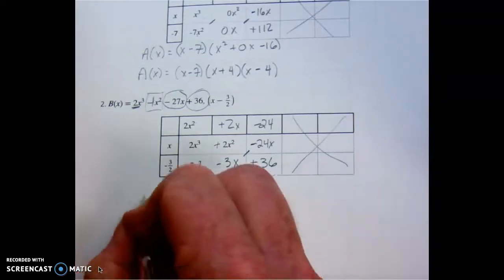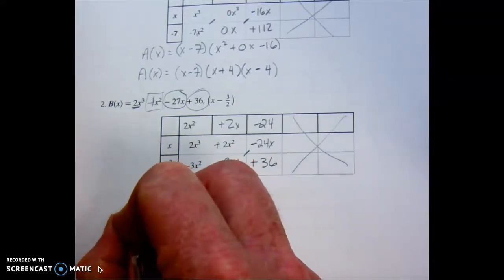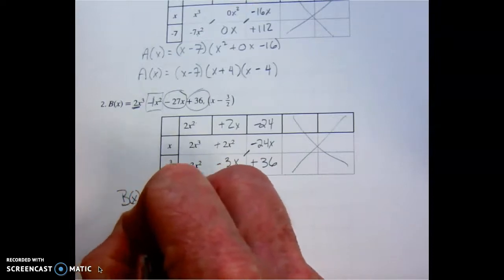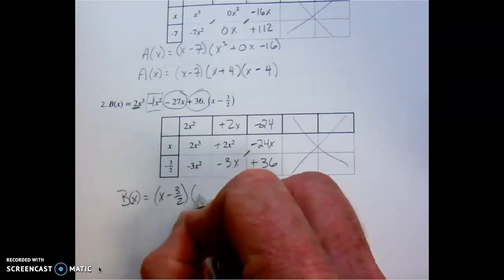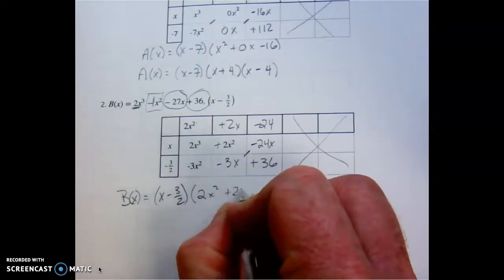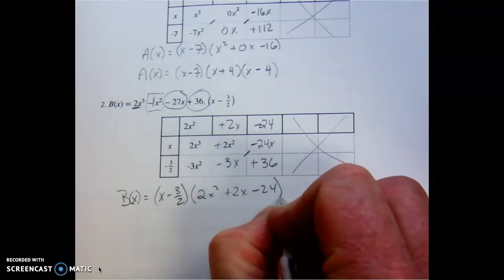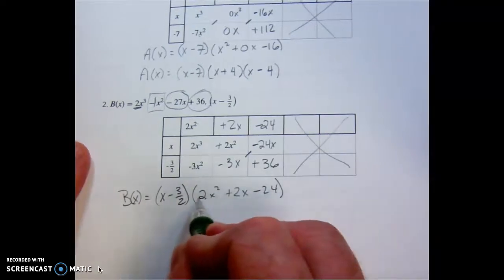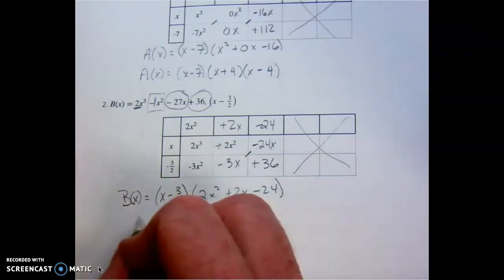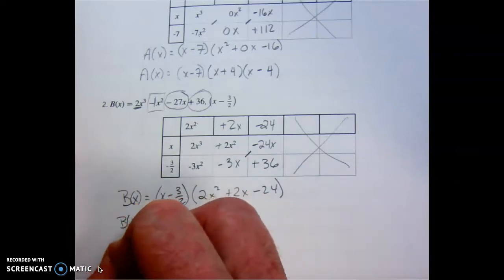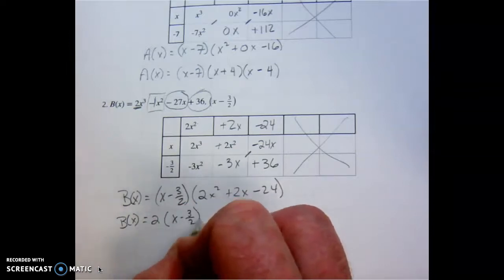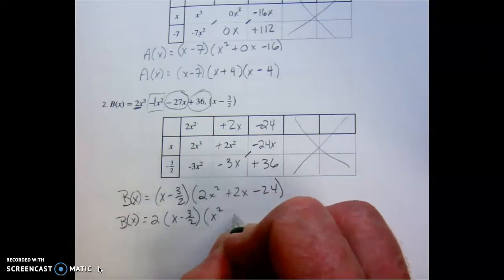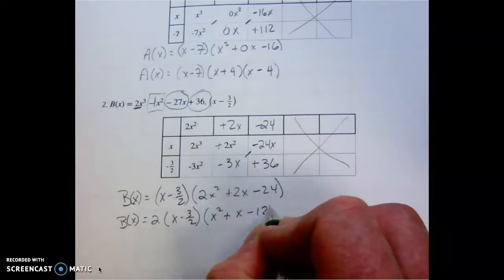So now I'm down to b of x equals x minus 3 halves times 2x squared plus 2x minus 24. Now, in that trinomial, I notice those will all divide by 2, so I'm going to factor that 2 off. So I've got 2 times x minus 3 halves gives me x squared plus x minus 12.